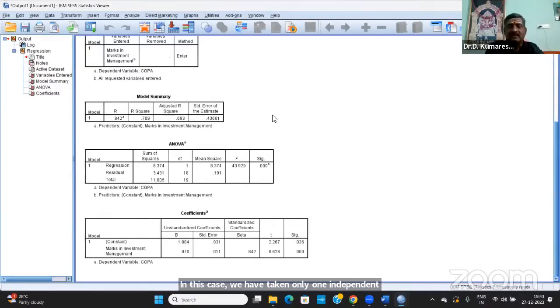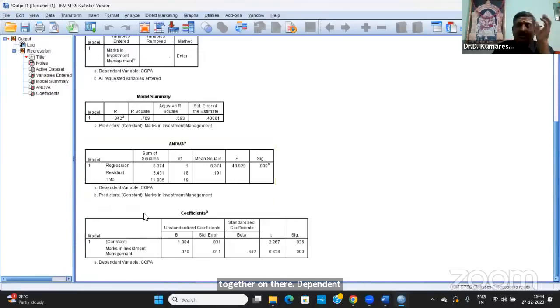So obviously, you can see the significant value and this significant value are the same. Look at here. This is the influence of all the independent variables jointly or together on the dependent variable.